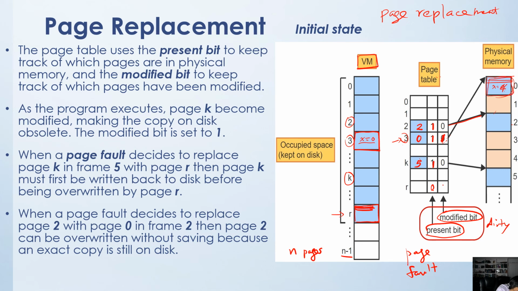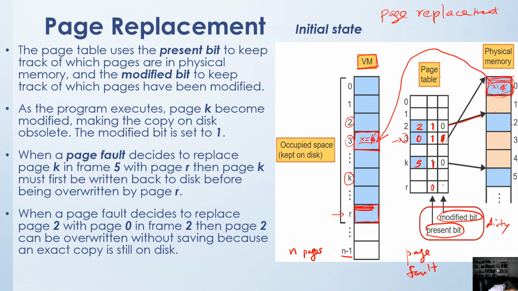So before I replace page 3 in frame number 0 with page R, I have to copy this page back to the virtual memory space. Then the value x is updated to 4 because you copy the values from here. Once it's copied, I can replace this page number 3.